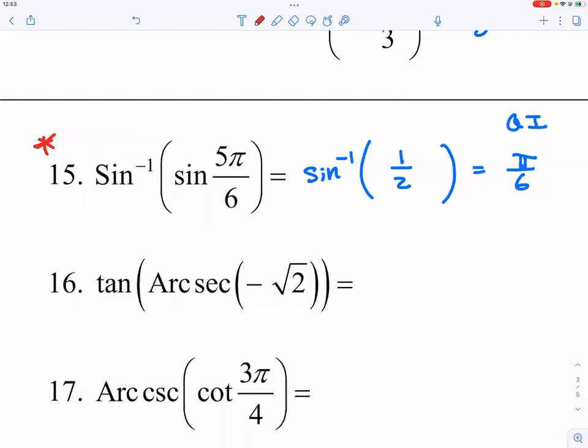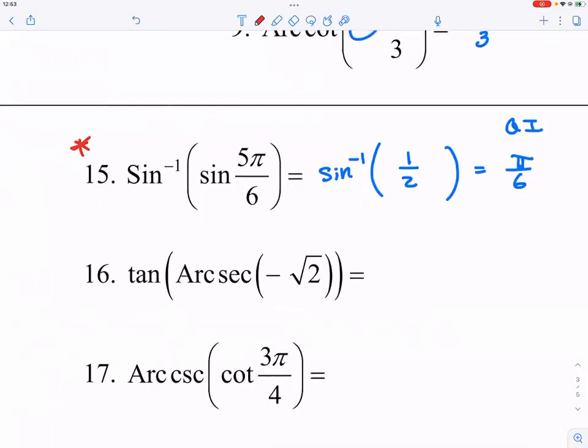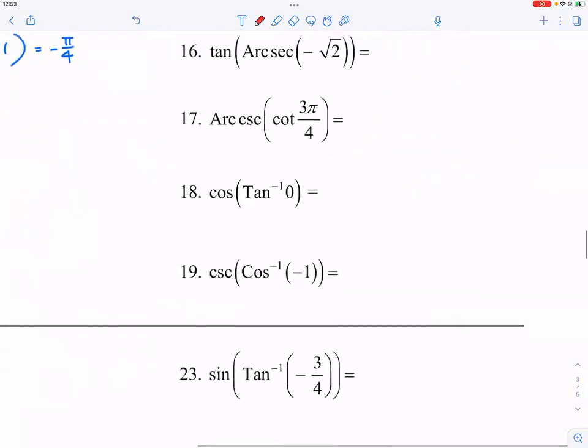However, if they do cancel each other out, the answer would be 5 pi over 6, which is a problem, because inverse of a ratio should give you a value in either quadrant 1 or quadrant 4. The fact that 5 pi over 6 is in quadrant 2 would not be a valid value. So that's why I urge you to just do it step by step, finish the inside, work on the outside. Don't rush to cancel the stuff out.